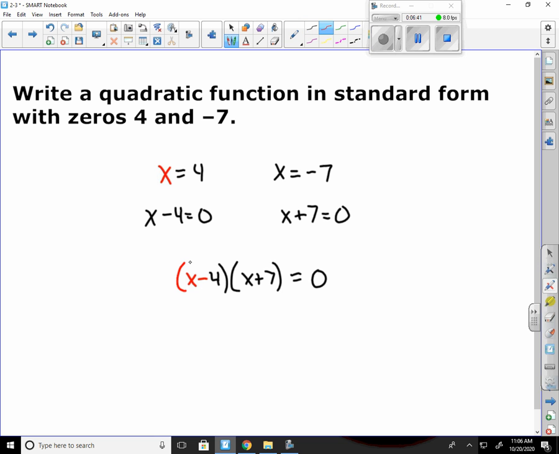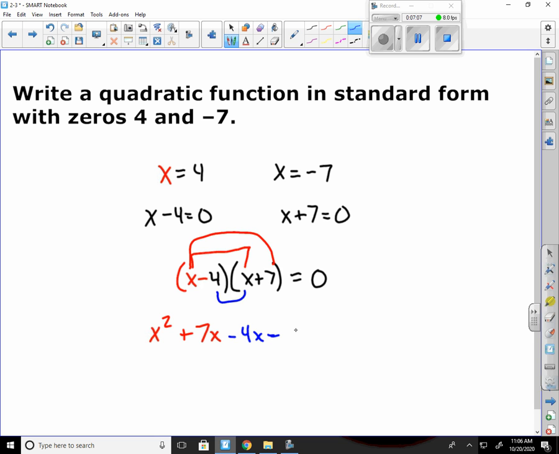Now we can multiply this back out. I can either FOIL it or distribute, whatever method you want to use is fine. They're essentially the same thing. x times x gives me x squared. x times 7 is 7x. Inside is -4x.